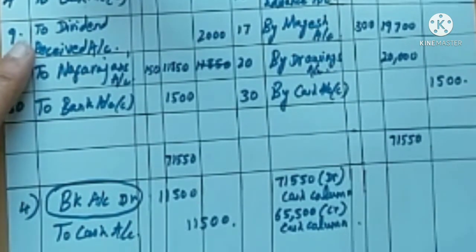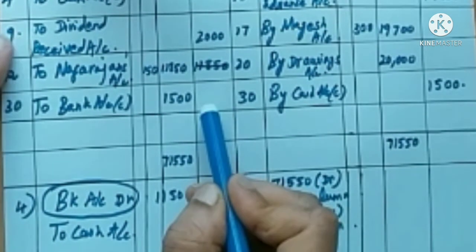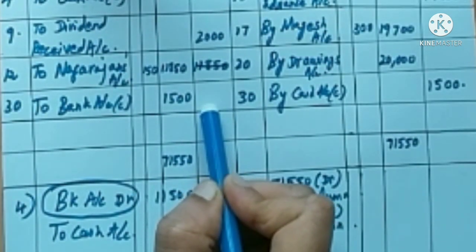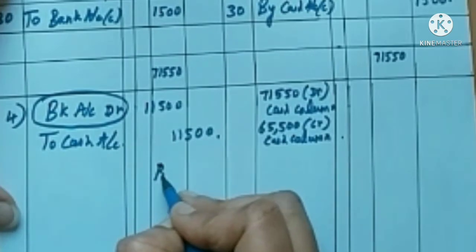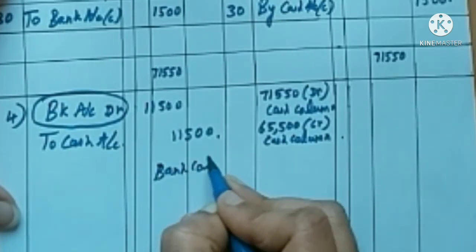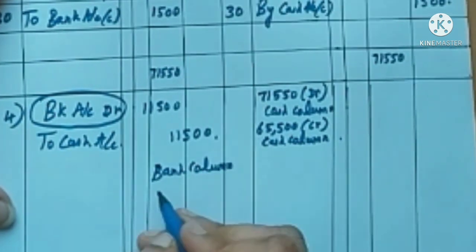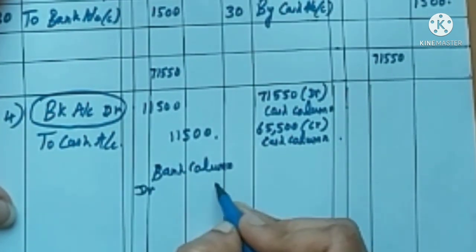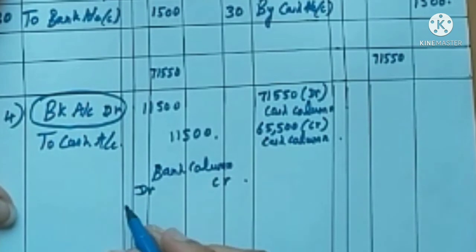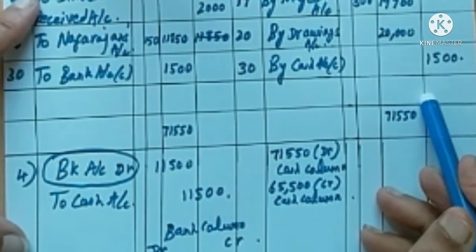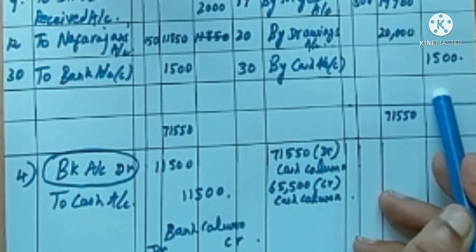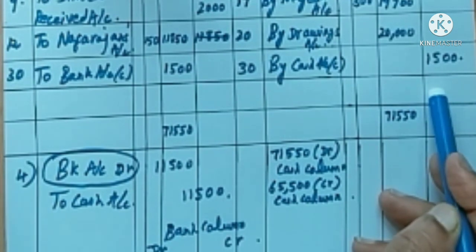Then when I total the bank column on the debit side of the cash book, I get the total as rupees 48,500. Let's see what is the total on the credit side in the bank column.